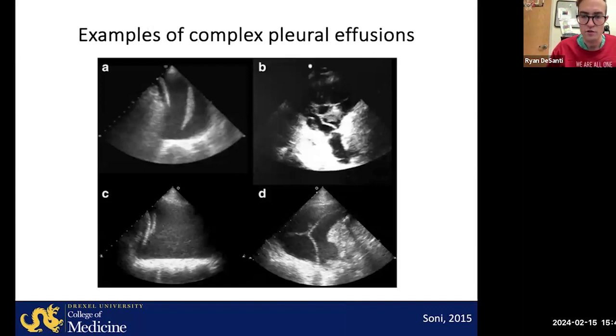Complex effusions either can be hypoechoic collections of fluid, or you can see septations within the collection of fluid. These complex pleural effusions are going to be more suggestive of acute infection, empyema, or pneumonia.